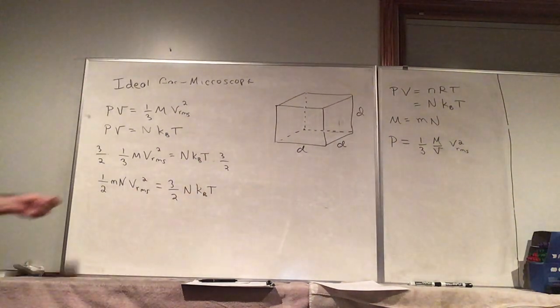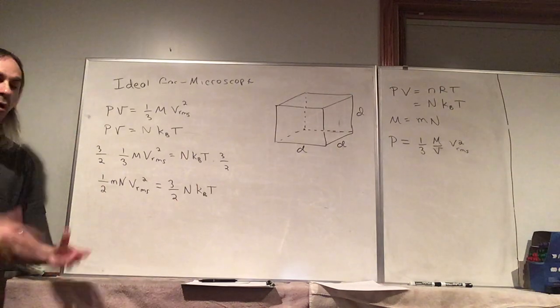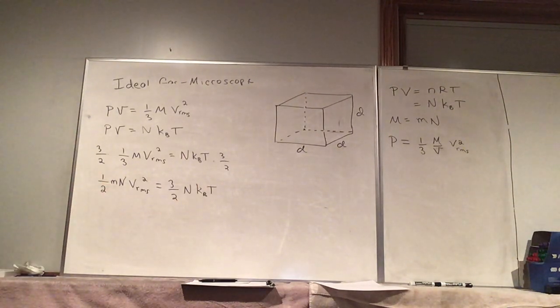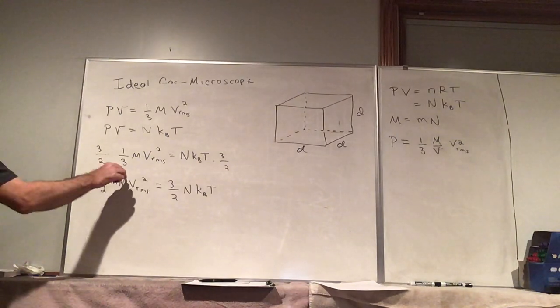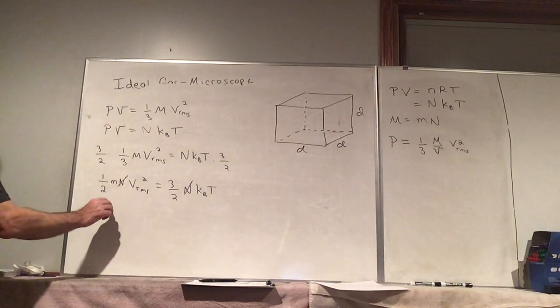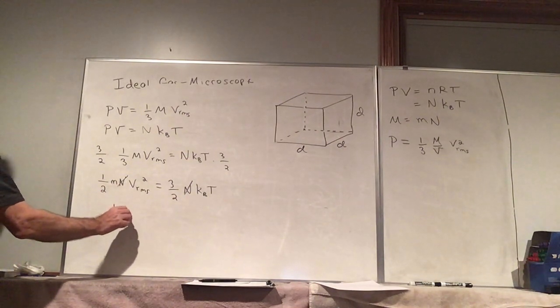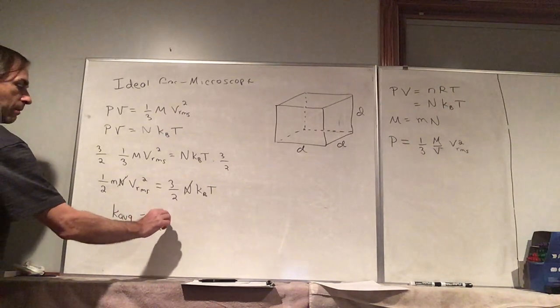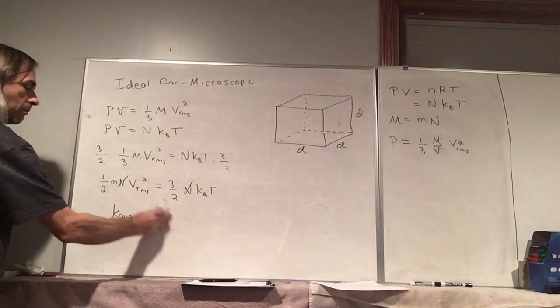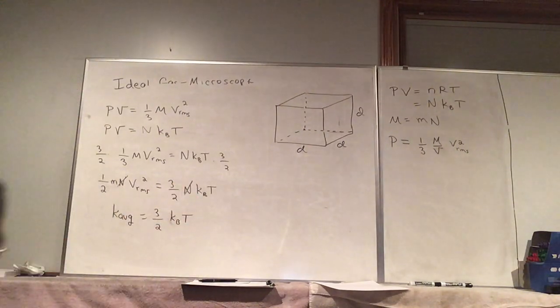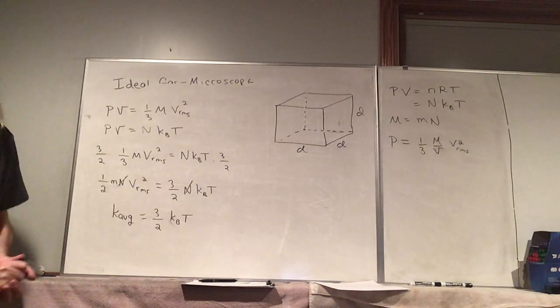Remember, capital M was the mass of the whole thing, which is the mass of each particle times the number of particles. And so these n's are going to cancel out. And so what we have on the left is the average kinetic energy of a particle, which is 3/2 times the Boltzmann's constant times the absolute temperature.